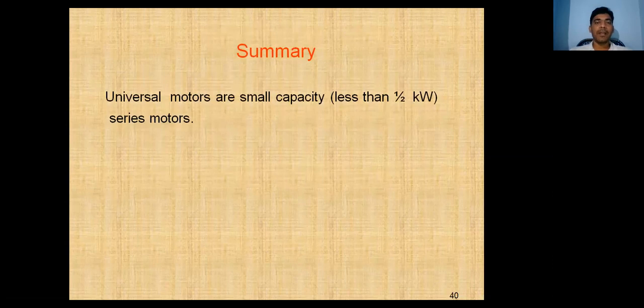Coming to the summary, universal motors are small capacity, less than half kilowatt series motors.